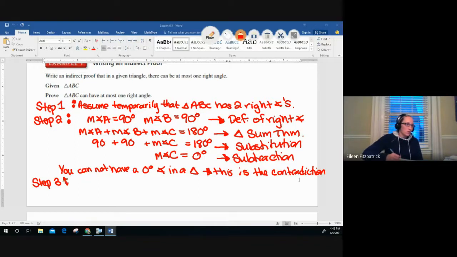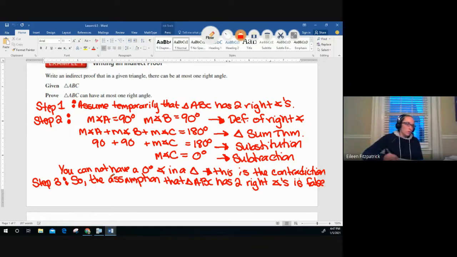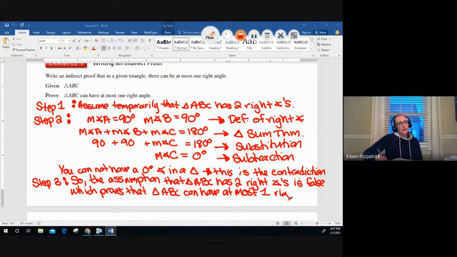So I'm going to say, so the assumption that triangle ABC has 2 right angles is false, which proves that triangle ABC can have at most 1 right angle.